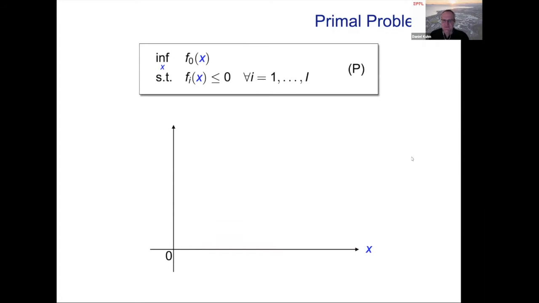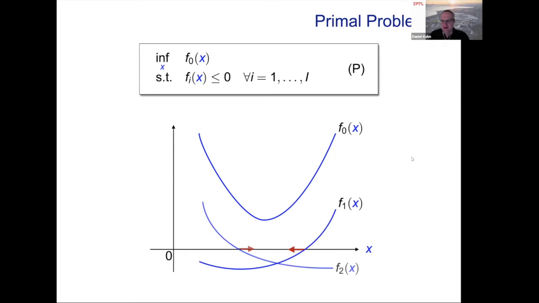Okay, so after settling the preliminaries, let us now focus attention on deterministic convex optimization problems. Now, a convex optimization problem P minimizes a convex function f0 of x over all decisions x that satisfy different inequality constraints captured by convex constraint functions fi of x. In the following, we will assume that all of these functions are PCCs, or proper closed convex, and we will refer to P as our primal problem.